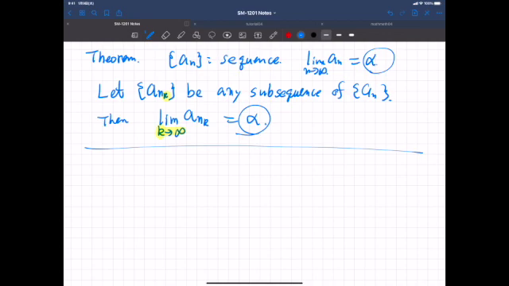So let's prove this. Let epsilon be any positive real number.